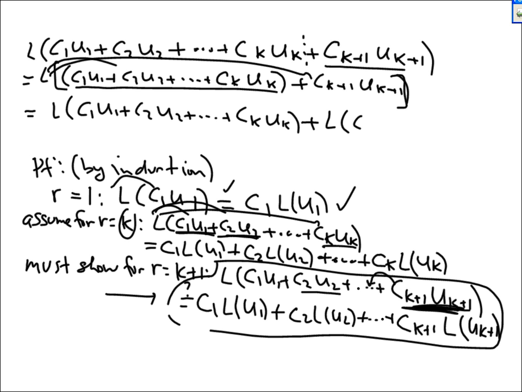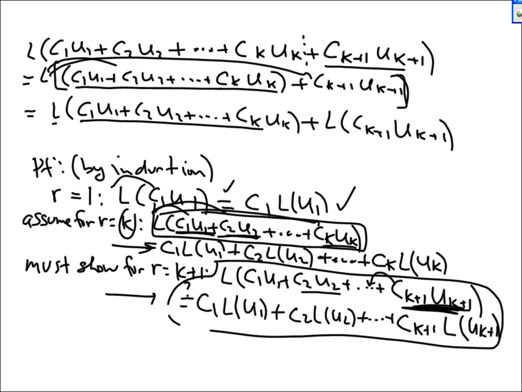Now, the reason we want this: lots of times in mathematics, you have to see the future, have to see ahead. Well, L of this, we assumed something about that. We assumed that L of this is equal to that.